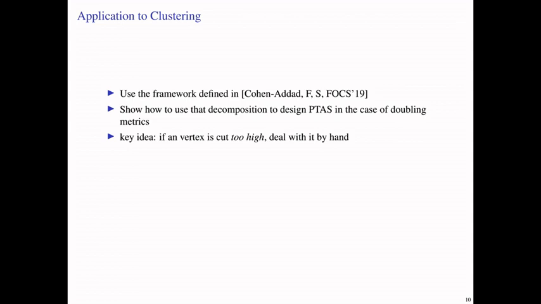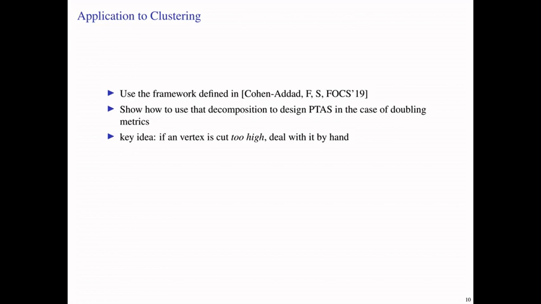The key idea of that framework is that if a vertex is cut too high, meaning that some fixed ball around the vertex is cut at a level where the error epsilon times diameter is too big, then we deal with that vertex by hand.